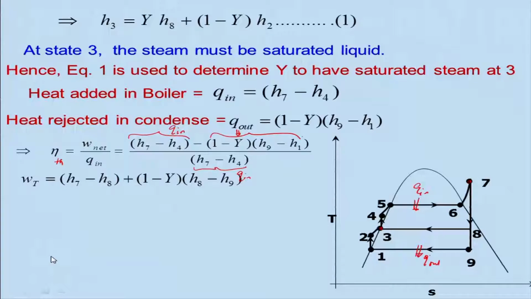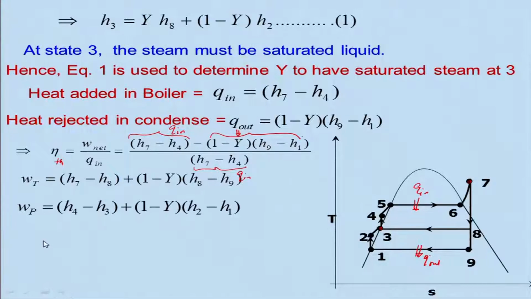And the work done is basically H7 minus H8 plus 1 minus Y times H8 minus H9. The work done will definitely be reduced, because you are taking some steam out of it. If the fraction is very small, then it will not really affect much, but there will be a reduction in the net work extracted by the turbine.